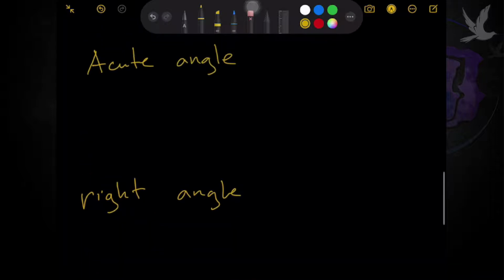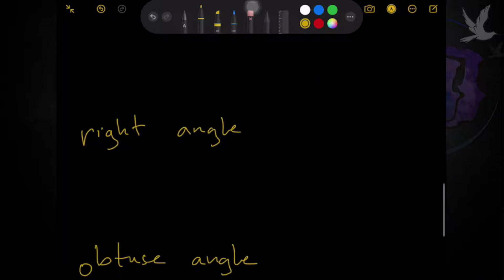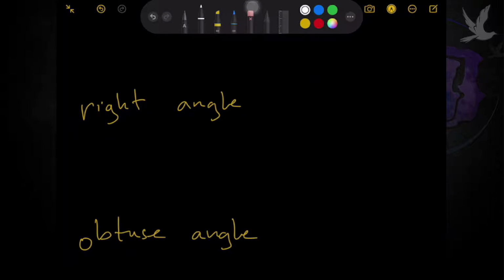Out of these three, I'm going to start with the right angle because the right angle is the easiest to determine and can be our base for starting to learn. The start of your learning, rather.